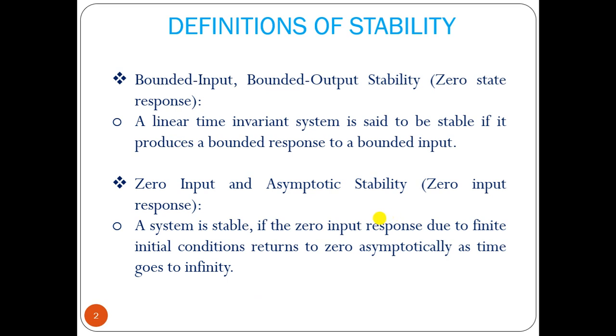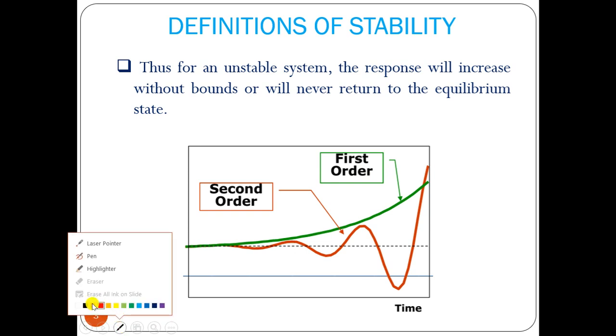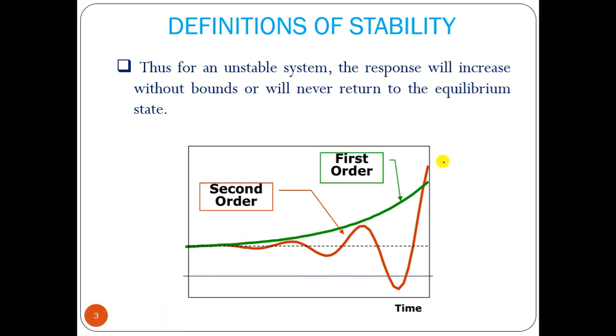So these are the two definitions of stability of a linear system, and according to the waveform or the response of the output, for an unstable system, the response will increase without bounds and will never return to equilibrium state.